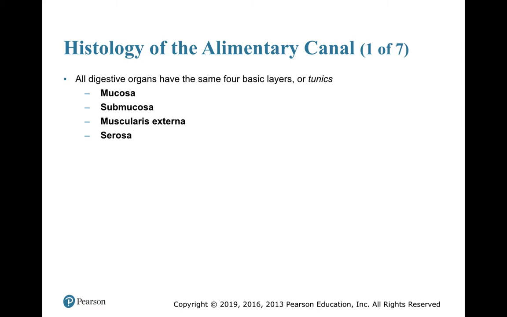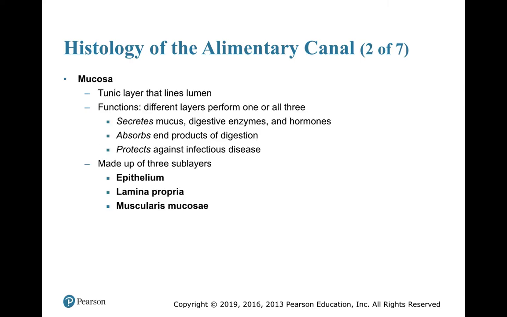The digestive organs all have the same 4 basic layers, and we often refer to layers as tunics. These include the mucosa, the submucosa, the muscularis externa, and the serosa. The mucosa is the tunic that lines the lumen, so this is the innermost layer.